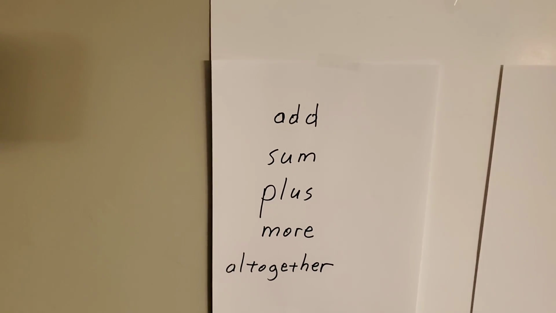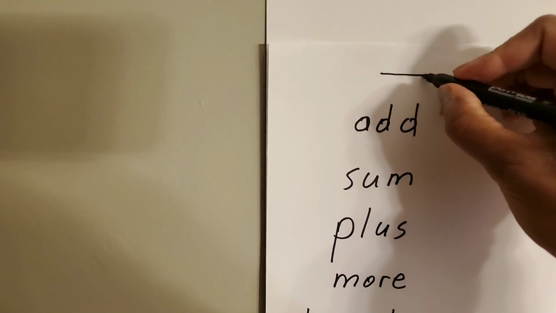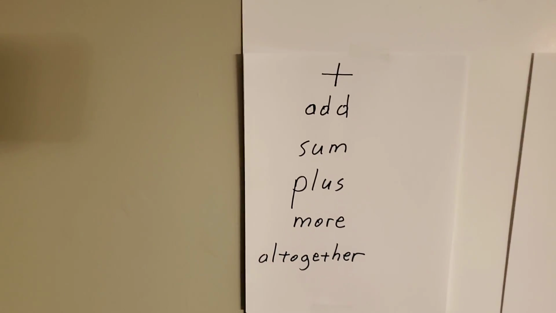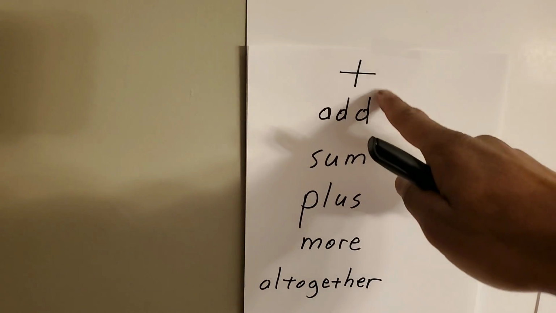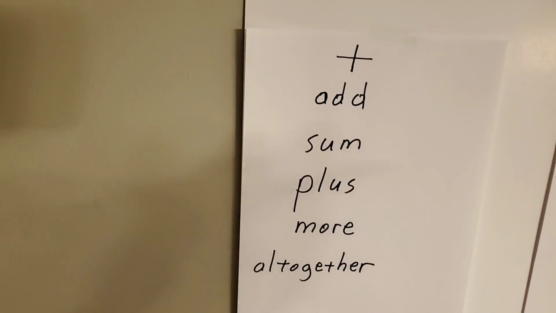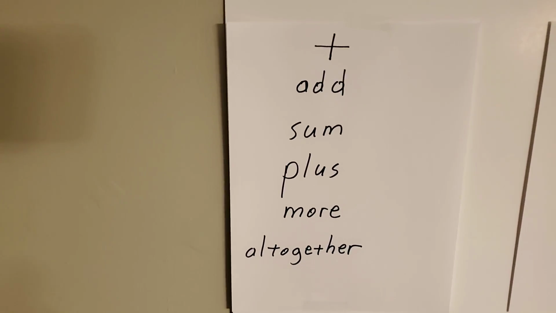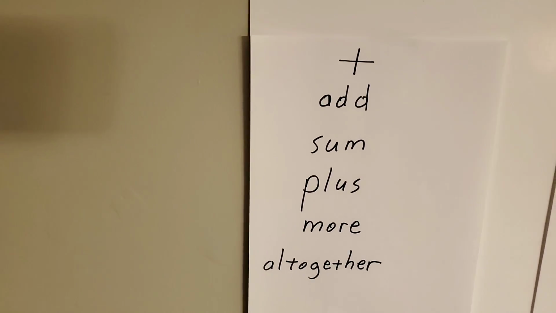What does that tell you you're going to do? And what sign are you going to use? When you see these 5 words, that lets you know we are going to add, which is obvious. This is a sign that we use, the addition sign.